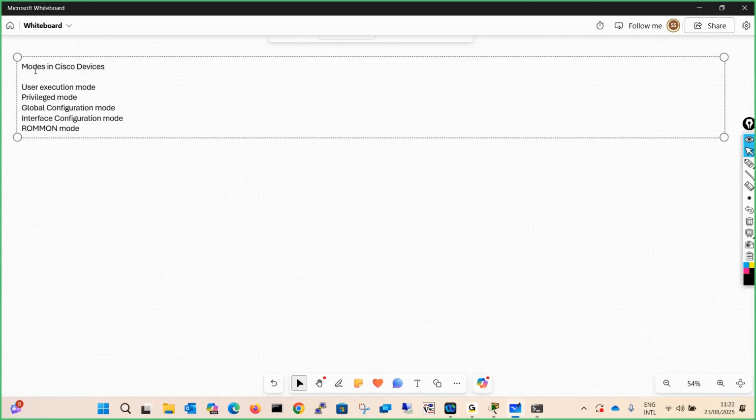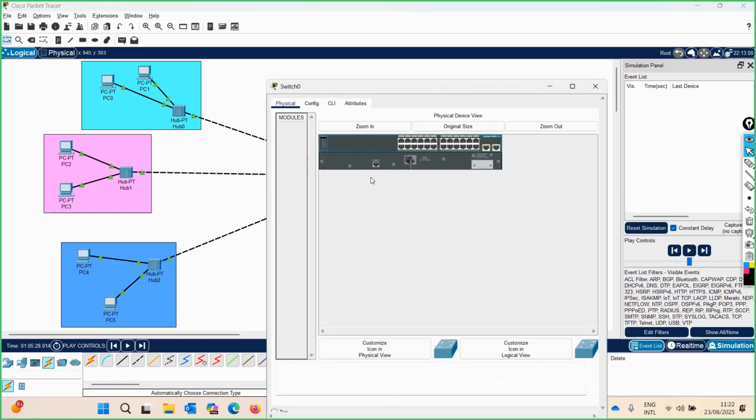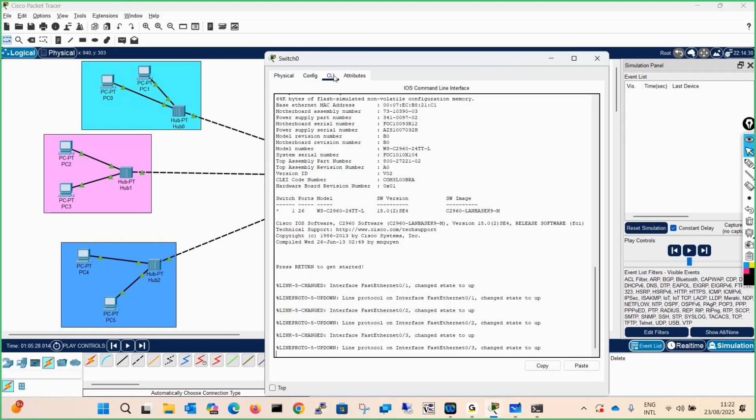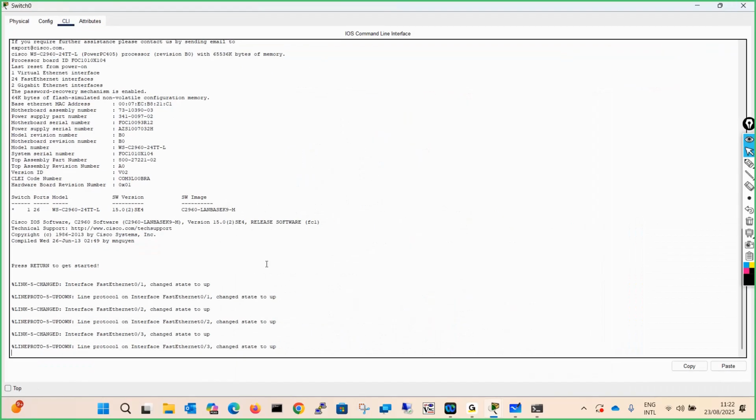Everyone has the Packet Tracer open with them, right? Now just open the Packet Tracer, and we will take the same switch which is over here. Just double click on it, click on CLI. Everyone is on this page?